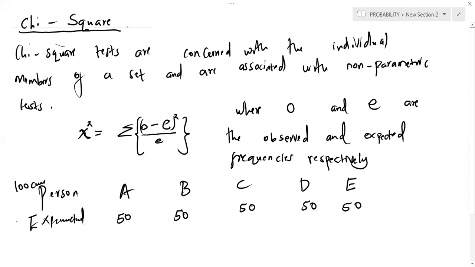But what is the observed? If we carry this out in reality, then we will realize that we will have different observed values. So we could have probably, let's say, 43, 54, 60, 48, 57.